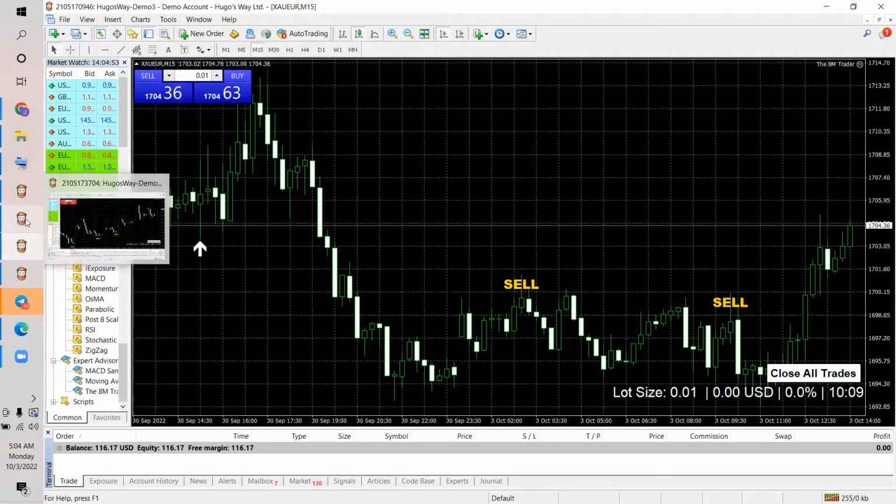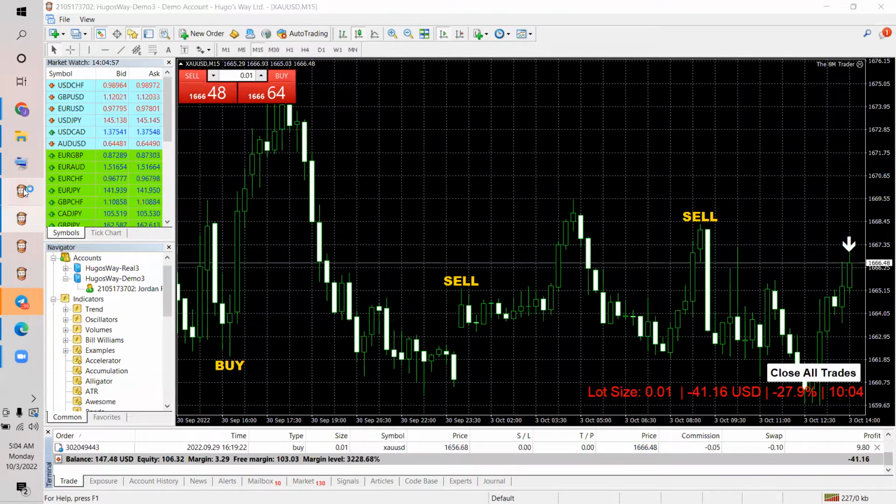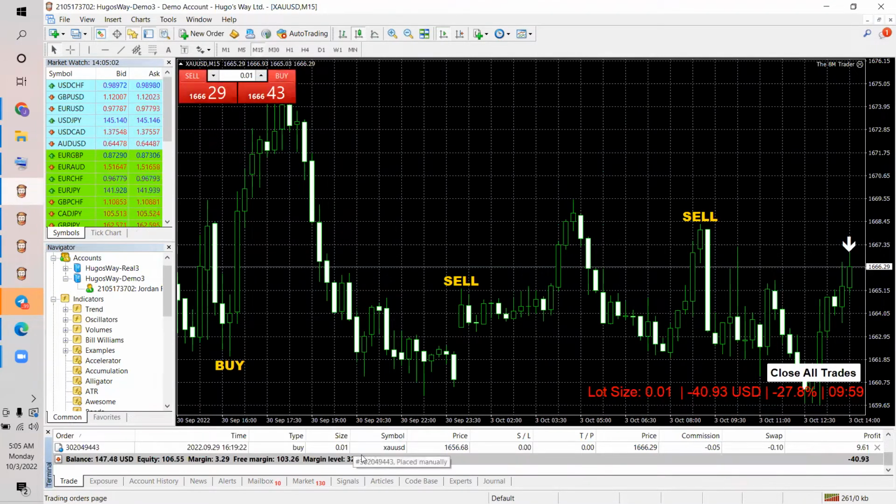We have gold versus euro right here. We have silver versus USD right here. And we are currently working with gold versus the United States dollar. We can definitely see now that the down arrow has moved over to the next candle. So we're going to be waiting for an opportunity at that particular point in time.